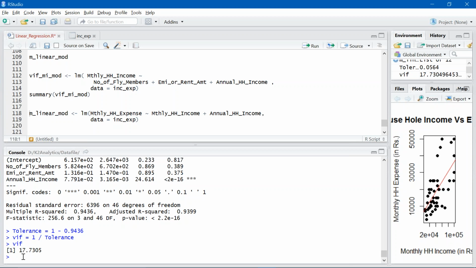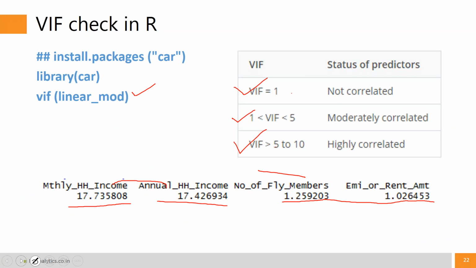That's the entire thing. So likewise, all variables, independent variable with respect to all other independent will be regressed, R square computed, 1 minus R square, 1 inverse of that. And you get VIF. Only thing what we have to now do is interpret this VIF and take a call. Any VIF which is greater than high, drop that variable. So here I'll not drop both.